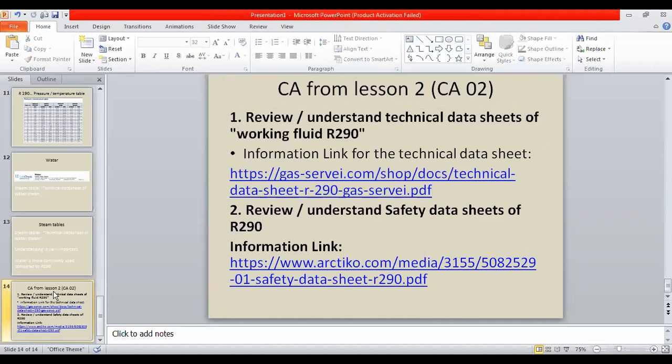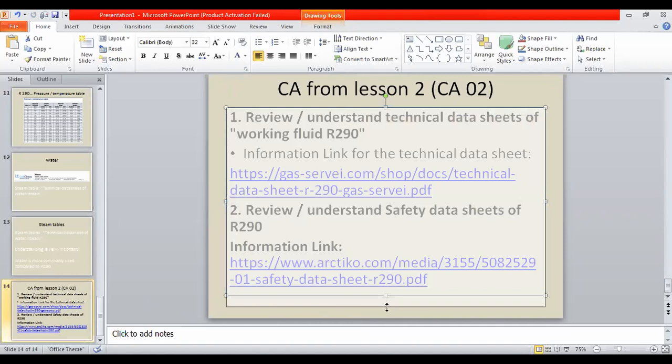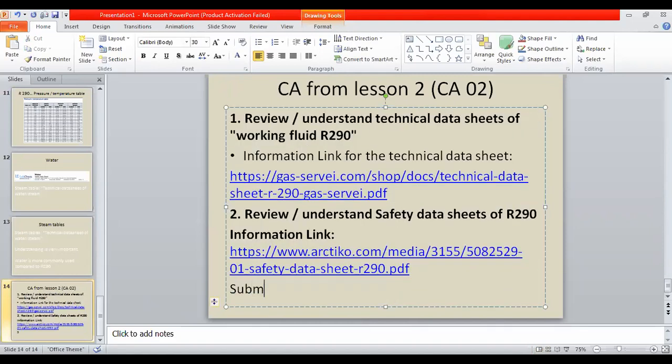Very nice. Okay. This one, submission is 14 December, 17 December, by 17 December.